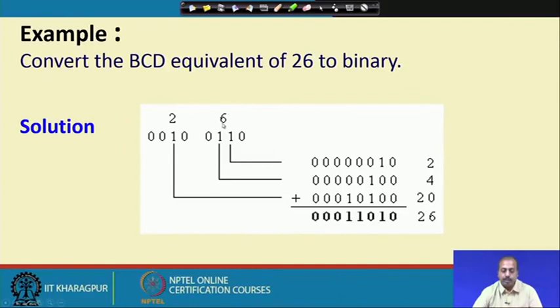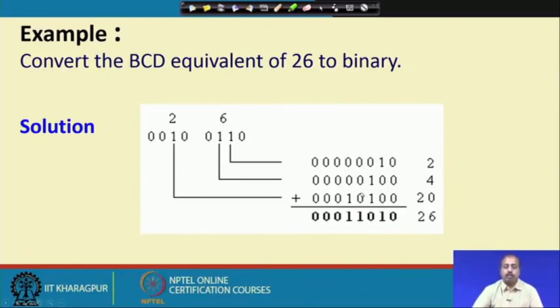In this part, for all the 4 bits the weight is 10 power 0. This bit is 2, so 2 into 10 power 0 gives me 2, and I write down the binary representation for 2. Similarly, here I write down the binary representation for 4 and I sum them up. So, this gives me the binary 26.